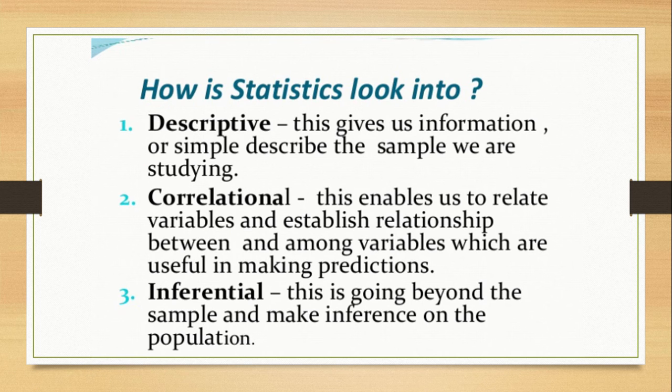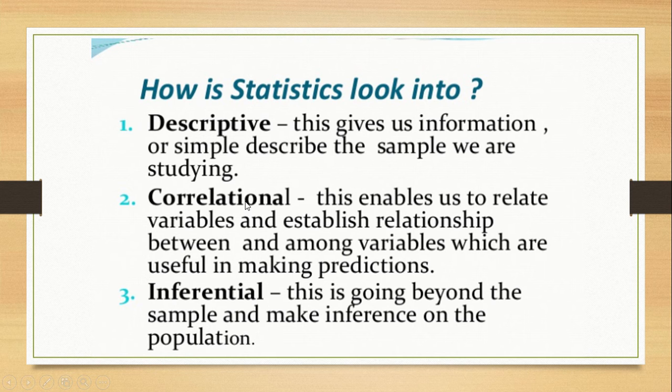So, how is statistics looked into? We have three items here: the descriptive, correlational, and inferential. When we speak of descriptive, this gives us information or simply describes the sample we are studying.